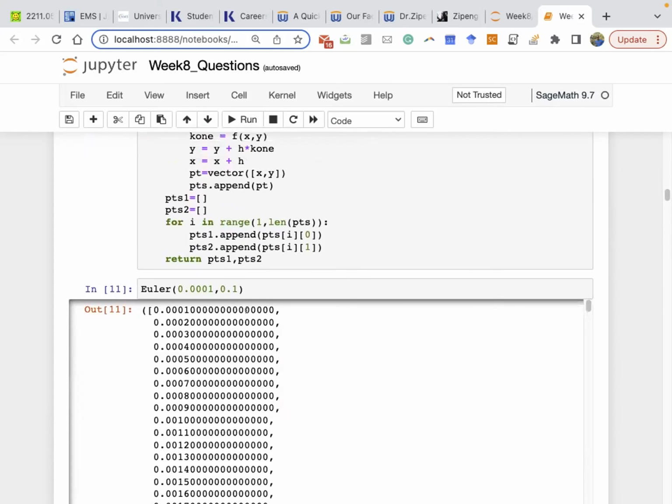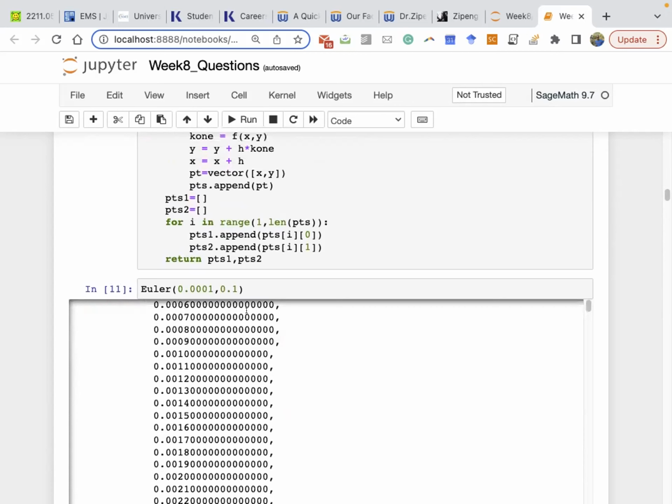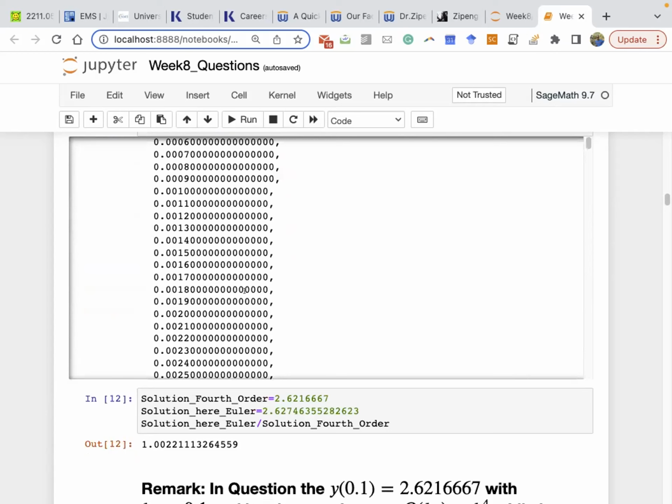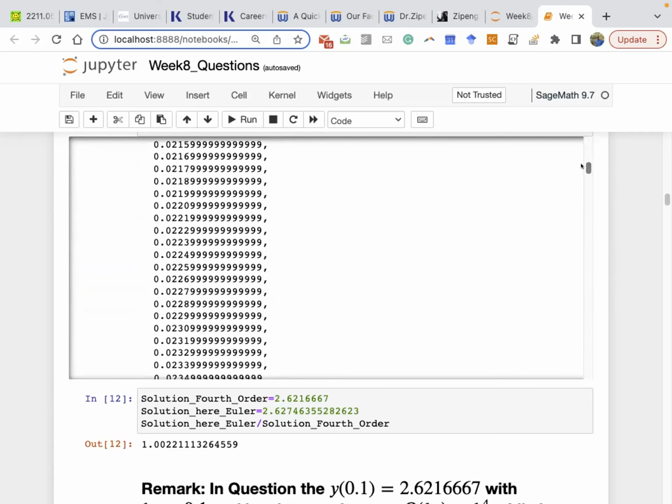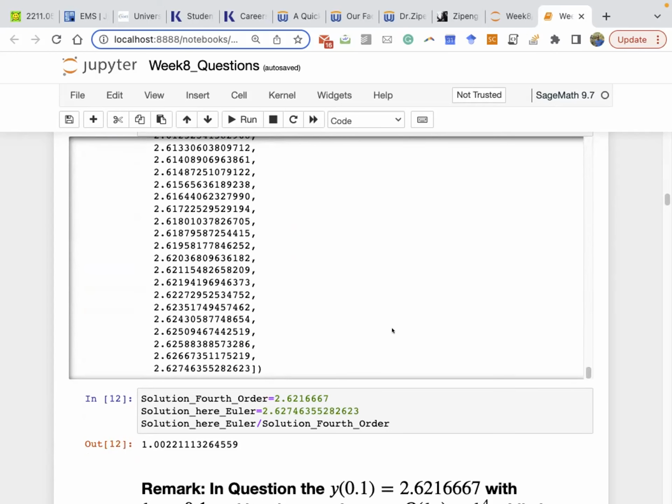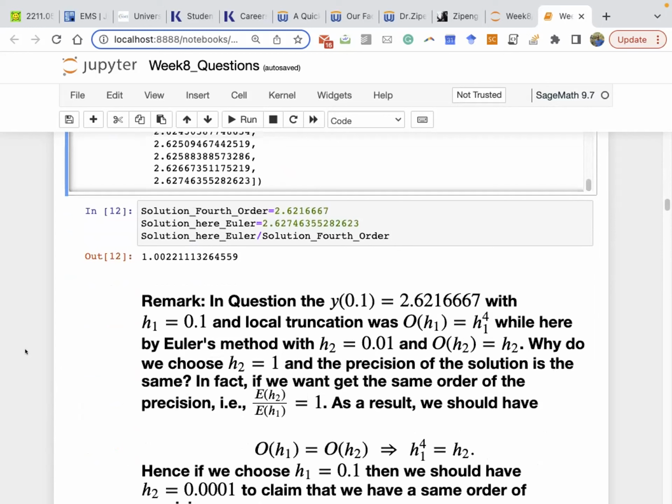Euler's method via 110 with the step size 1 divided by 10,000. Okay. You don't want to see this, of course. Yeah, the last, this guy is this one. All right.